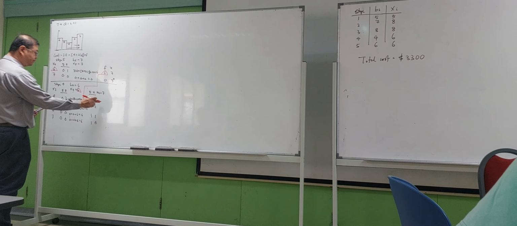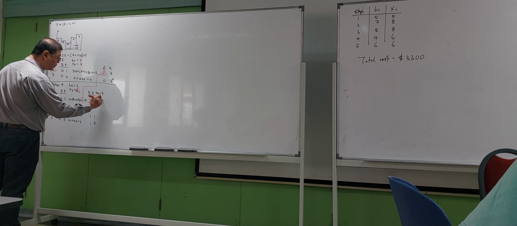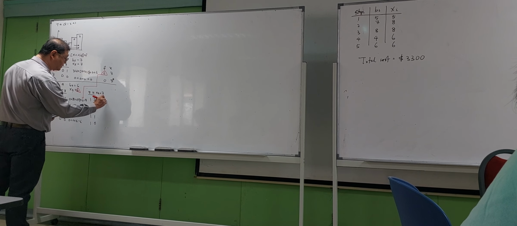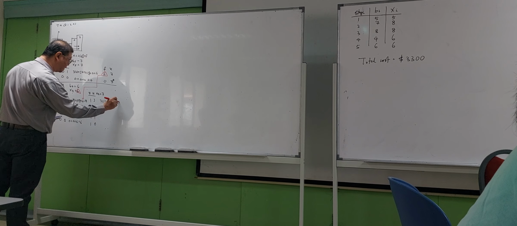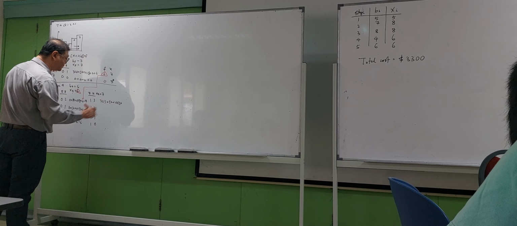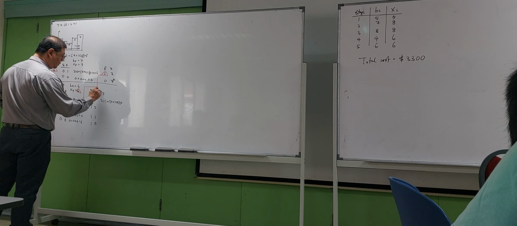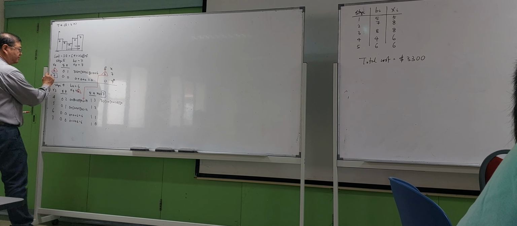Now we look at this. So 3E equal to 1 plus 4 plus X equal to 7. So X equal to 7.